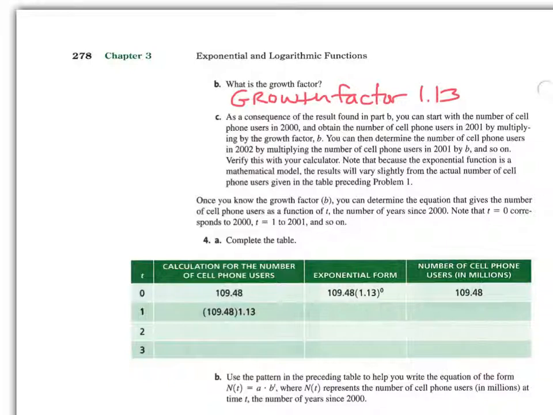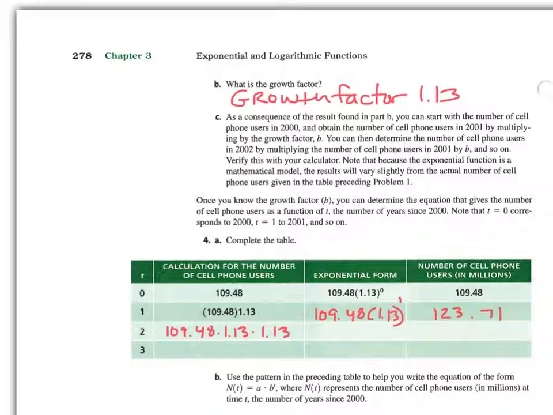Okay, so we're putting it in kind of what we probably would call expanded form, that first column. Then I'm going to write it as an exponent. So we're multiplying it by 1.13 only once, because we're only t equals 1 year past that initial. And then we would get 123.71. So if 2 years have gone by, then we really have to do 1.98 times 1.13 times 1.13.